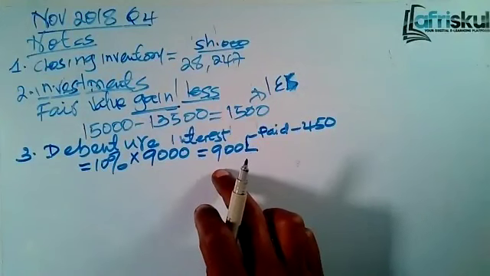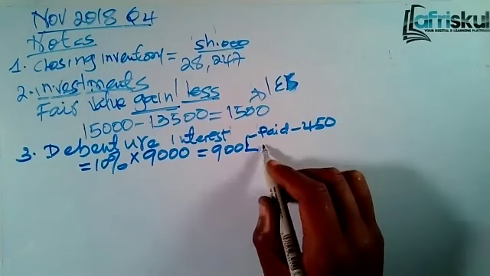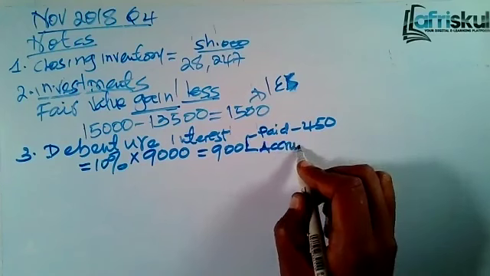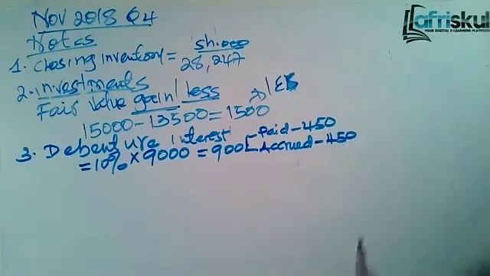This company is supposed to pay 900 shillings for the whole year, but what they have paid, as we've seen on the trial balance, is only 450, meaning that there is an amount that is not paid. That is what we term as accrued, which is also 450.